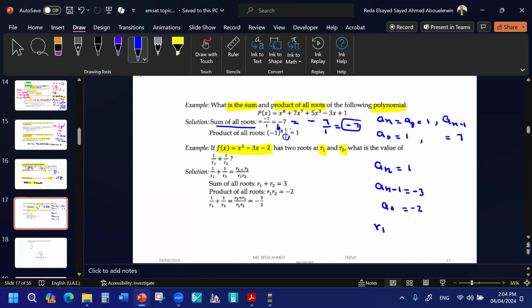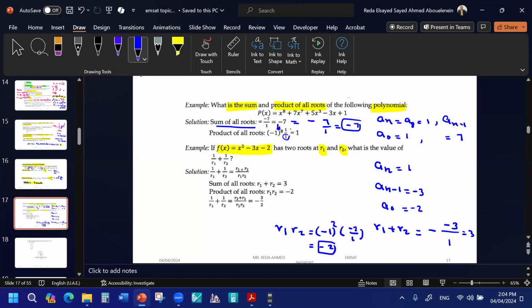So r1 plus r2 will be negative negative 3 over 1, which is 3. And the product of the roots will be negative 1 all to the power 2, a node over a n. So it will be negative 2.